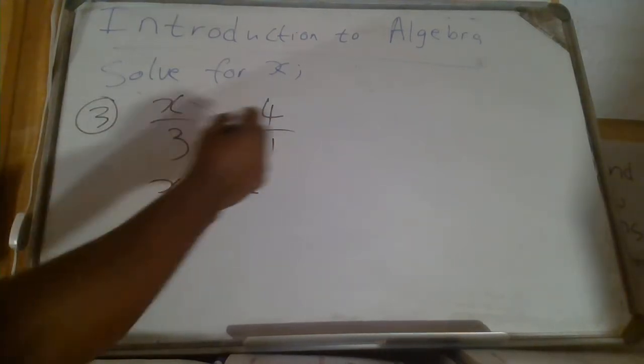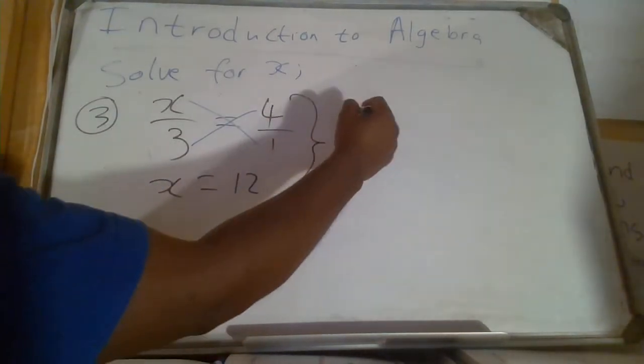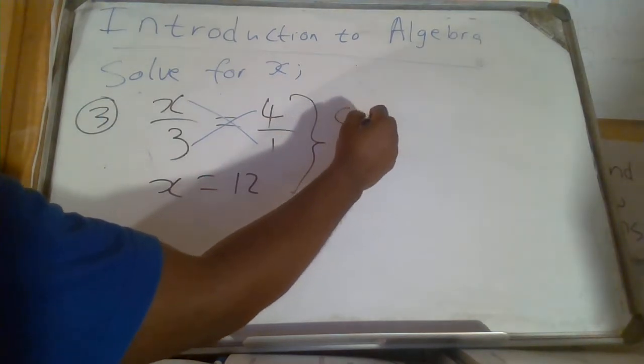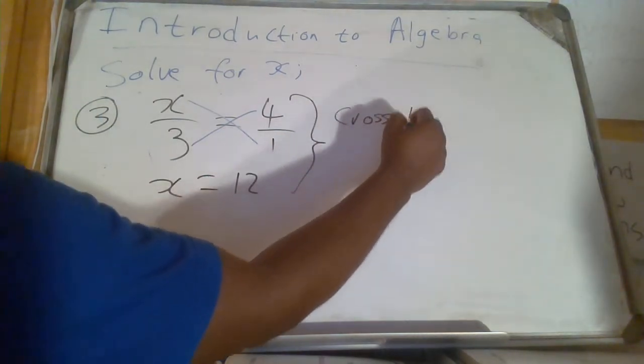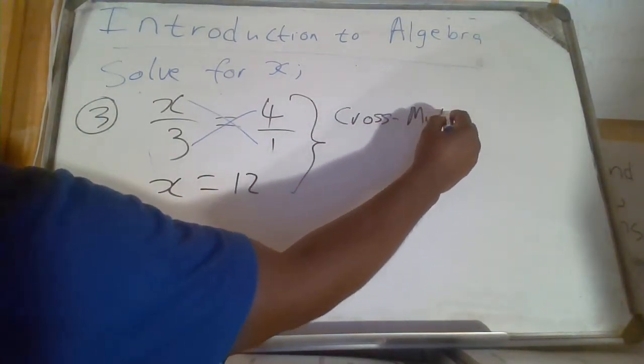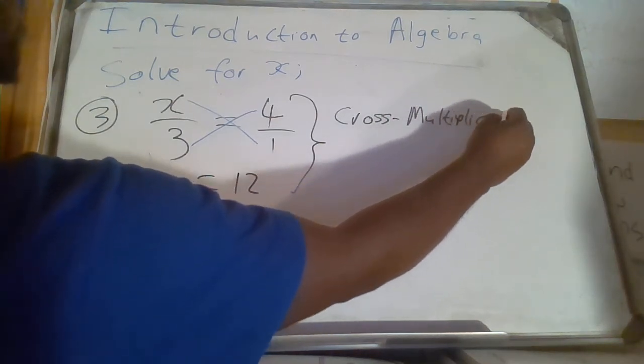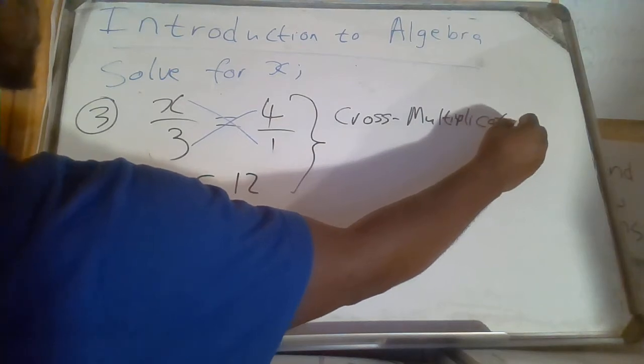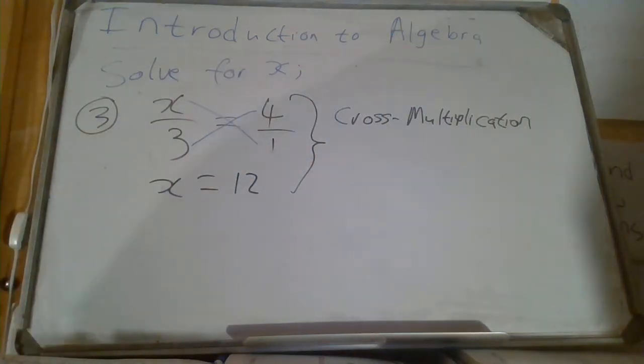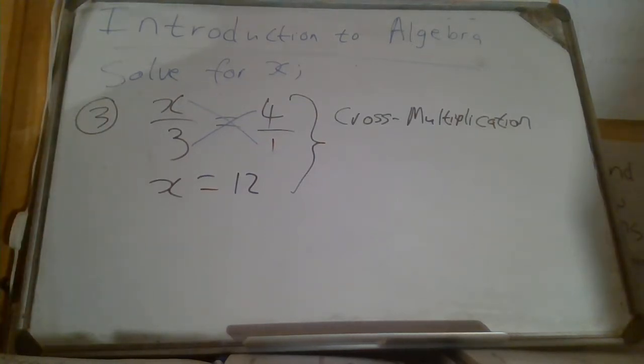Now this method is called cross multiplication. All right, this is called cross multiplication. You use it when you've got a fraction this side and then you've got a fraction that side as well.